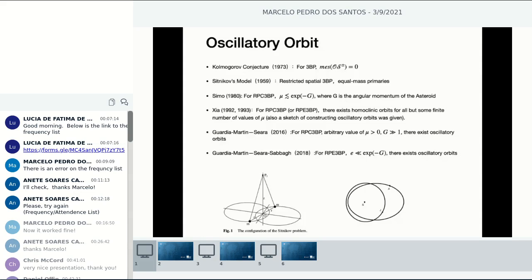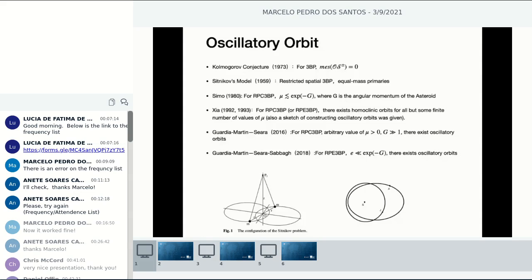But here he added an assumption that the mass of Jupiter, mu, should be less than or equal to the exponential of minus G, where G is the angular momentum of the massless asteroid. The picture on the right shows the relative positions of the restricted three bodies: the Sun, Jupiter, and the asteroid.